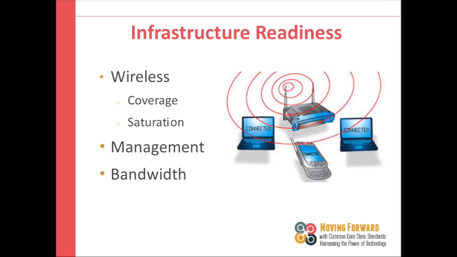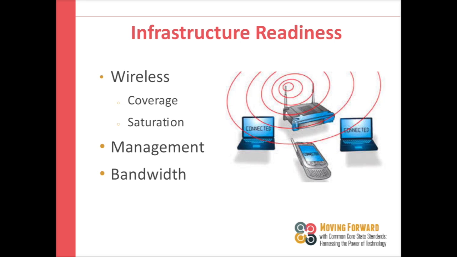I have been at school districts where they've bought a device for every child. They went to turn them on, and it was a failure to start because their wireless couldn't handle that number of devices connecting at one place. They didn't have an enterprise strategy for wireless. They were working off of an old type of wireless technology that was fine 10 years ago, but it's definitely not okay now.